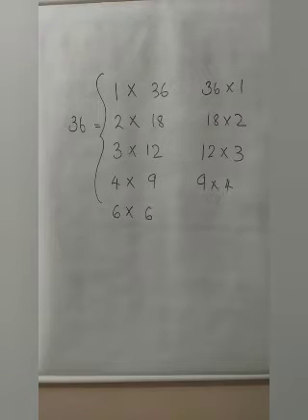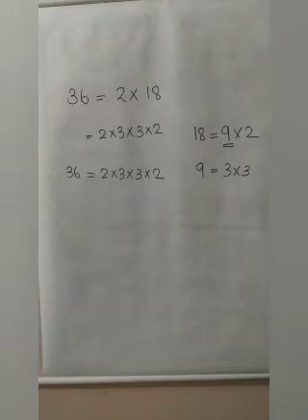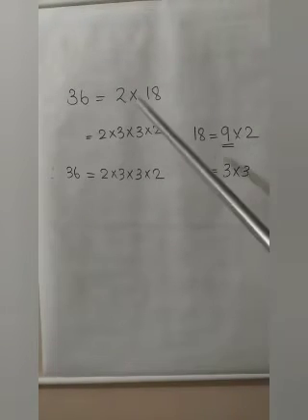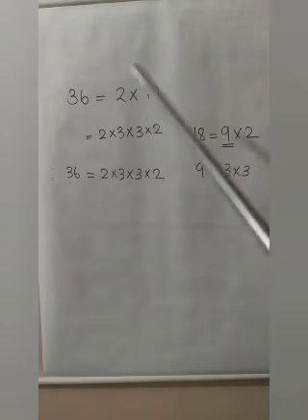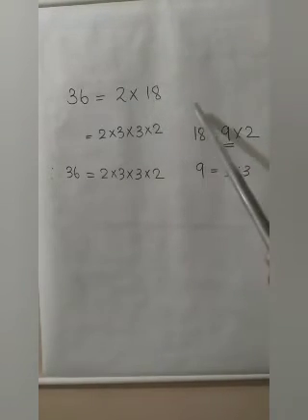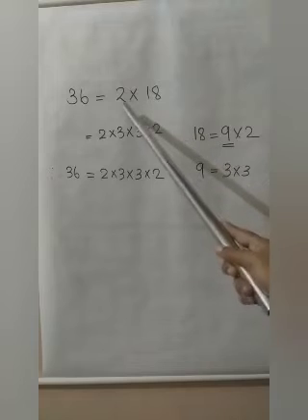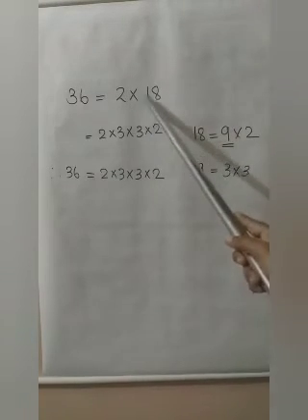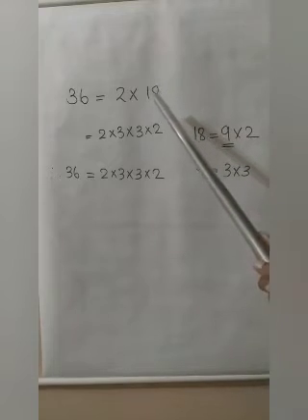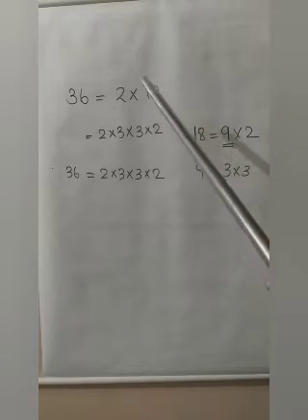Now how can we convert? For that, I took any two factors. You can take any two factors, okay? Here I took 2 into 18. Here 2 is already a prime number. So which do I need to convert? This 18, isn't it? 18 is a composite number, so I need to convert it.